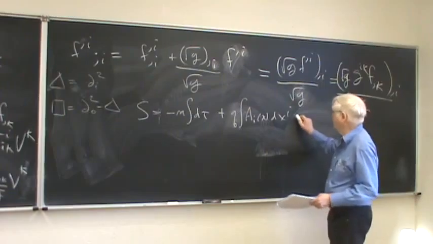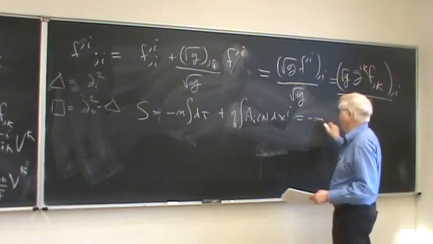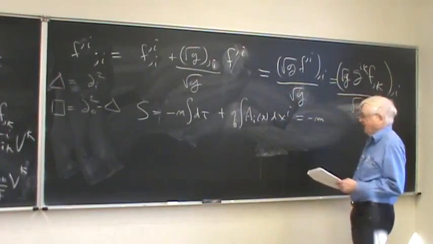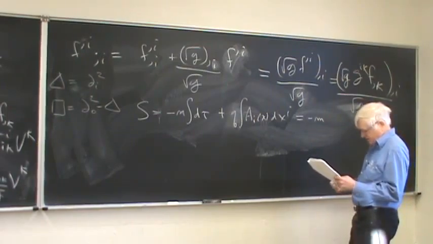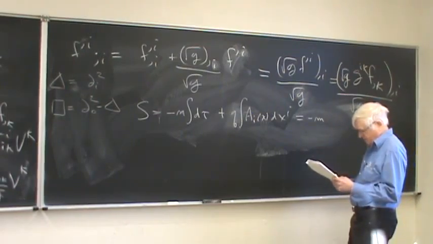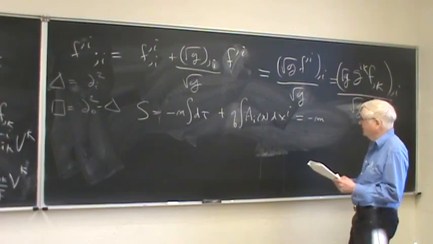And we can rewrite this as minus m. I wonder if this is actually a help. Now that I think about it, I think I'm actually making things more difficult than necessary.